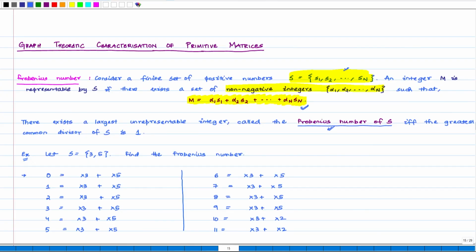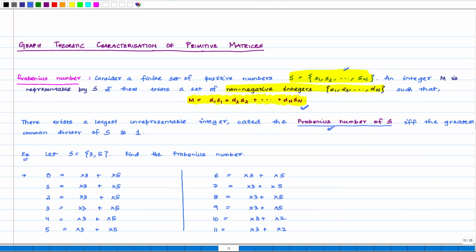Let's quickly see an example. Suppose we assume that the set S that is given to us consists of two numbers, 3 and 5. Let us try to find out the Frobenius number of 3 and 5. Remember, the Frobenius number is the largest unrepresentable number. Okay, so let's start. 0 can be expressed as this.